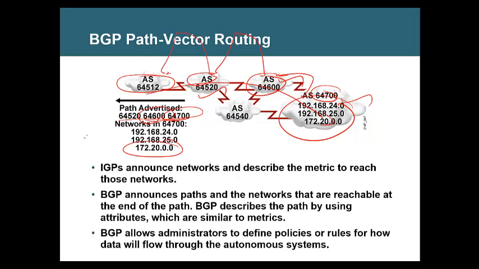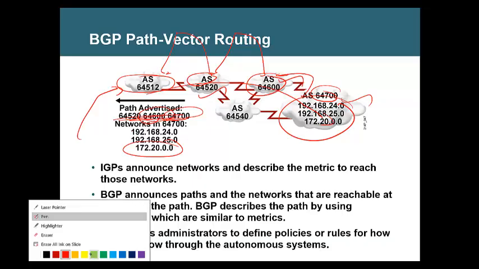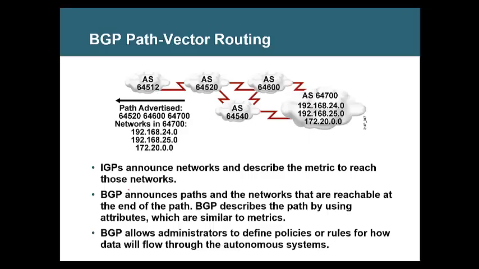That is how the routers in this autonomous system know the path. The paths are informed while advertising the route. Path is one of the metrics of BGP, one of the attributes of BGP, AS path.